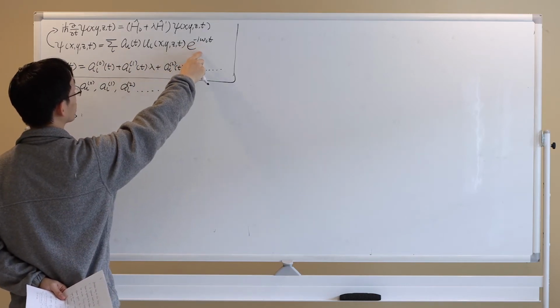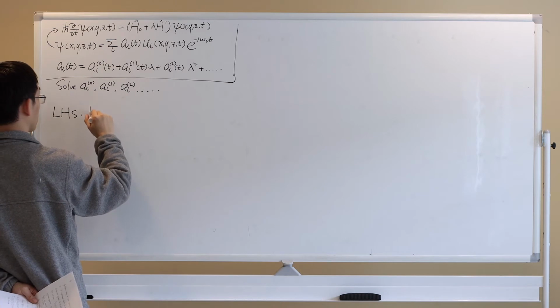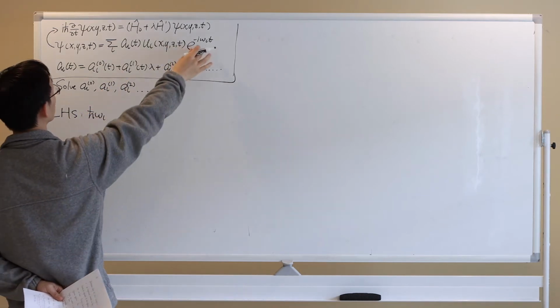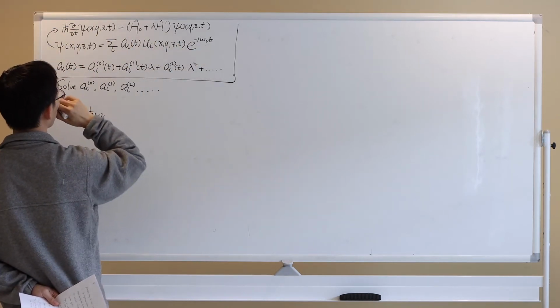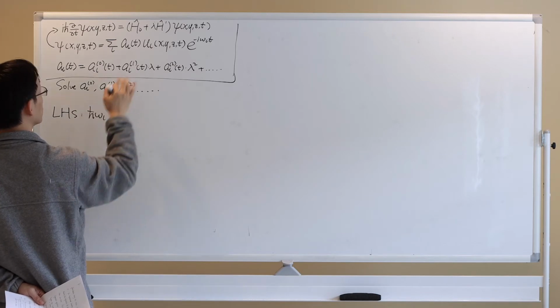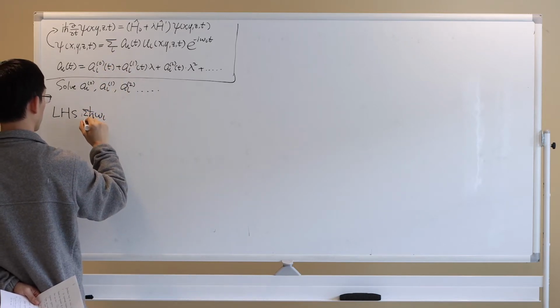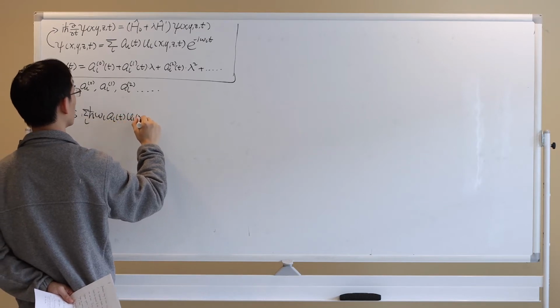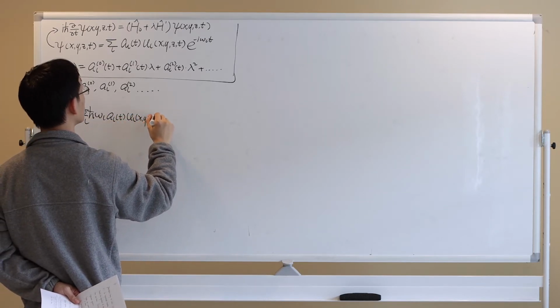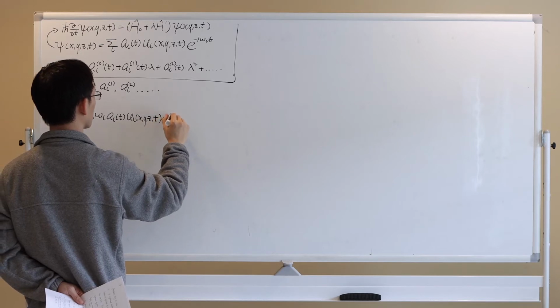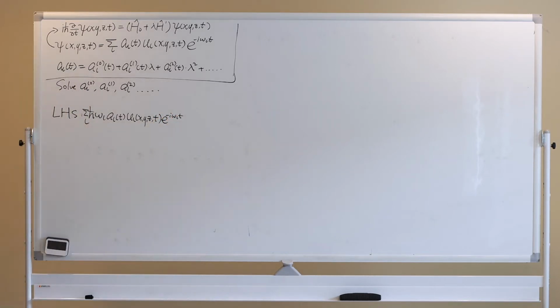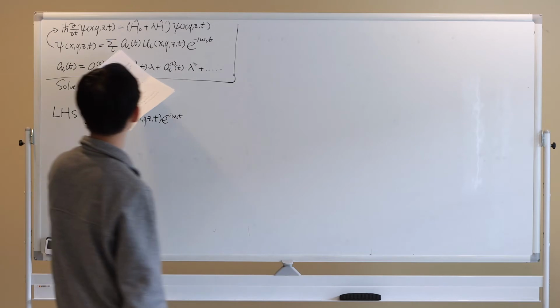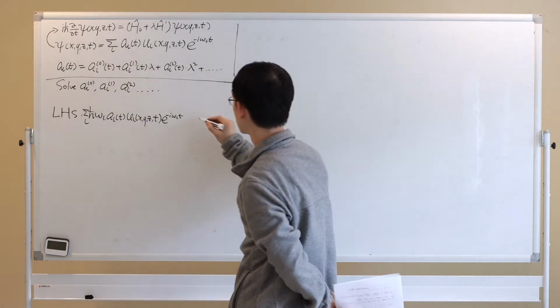And that one gives you h bar omega L. So h bar omega L, this term, and there's a sum here: sum over L, A_L(t), U_L(x, y, z), e^(-i omega_L t). Okay, so this is the first term and the second term is going on here, right?